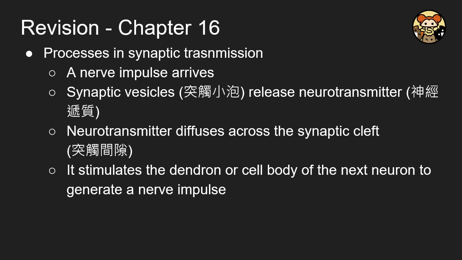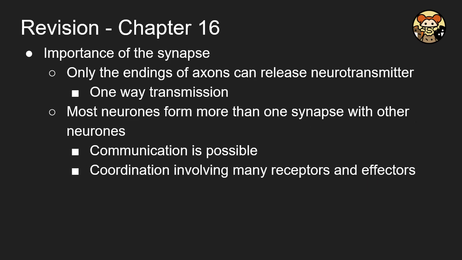So this is how synaptic transmission is possible. When the nerve impulse arrives at the presynaptic nerve, the synaptic vesicles will release the neurotransmitters, and the transmitters will diffuse across the synaptic cleft, and eventually stimulate the dendron and the cell body of the next nerve, called the postsynaptic nerve, to generate a nerve impulse.